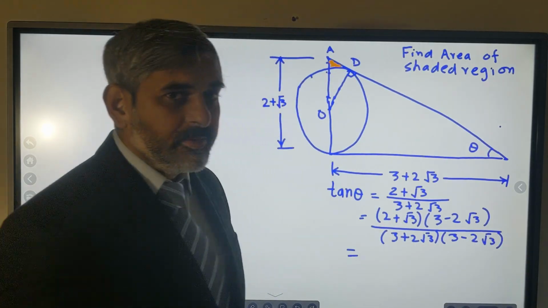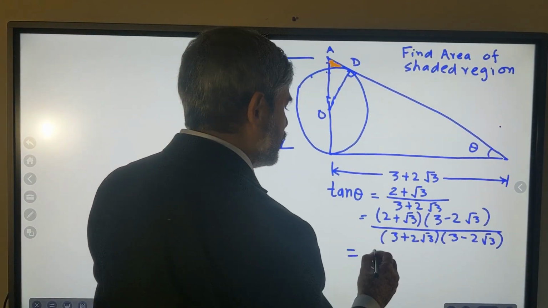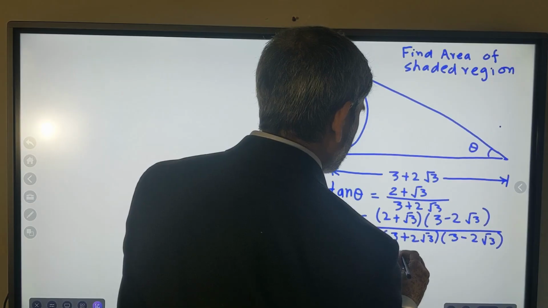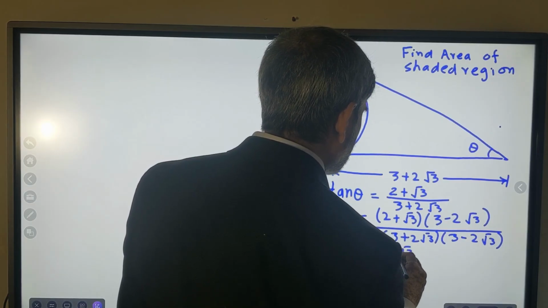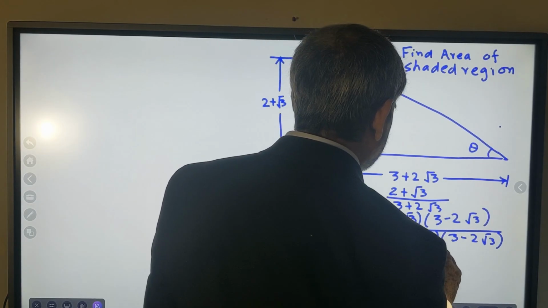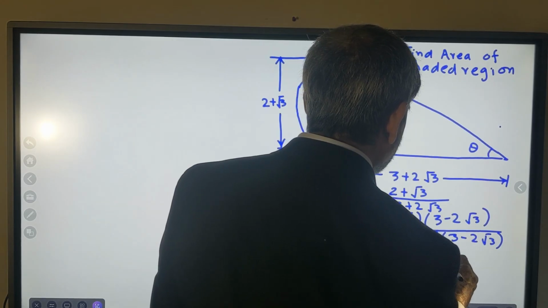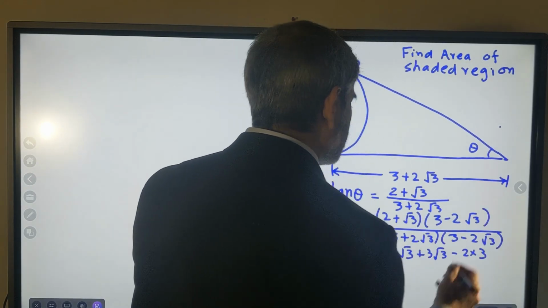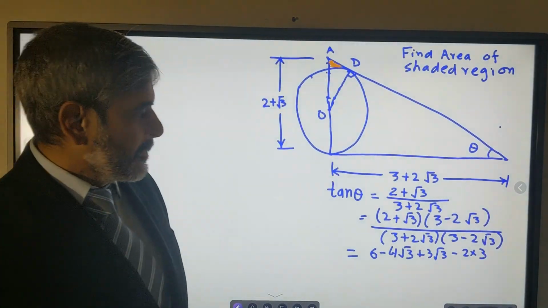On the top side, we get 2 into 3 is 6, 2 into 2 is minus 4 root 3, and then plus 3 root 3, and then minus 2 into 3, root 3 into root 3 is 3.